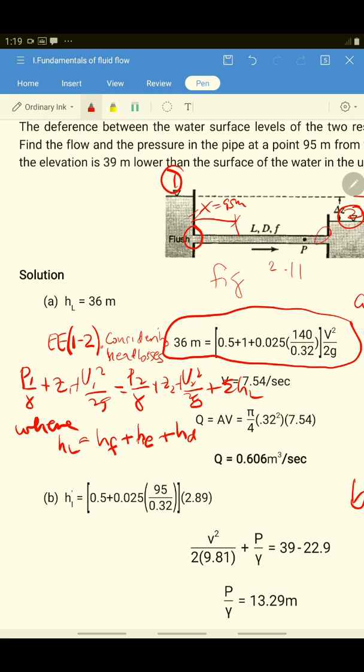So the formula for the friction loss is equal to Darcy, F L V squared over 2G. Plus head loss at the entrance, K E V squared over 2G, plus head loss at the discharge.